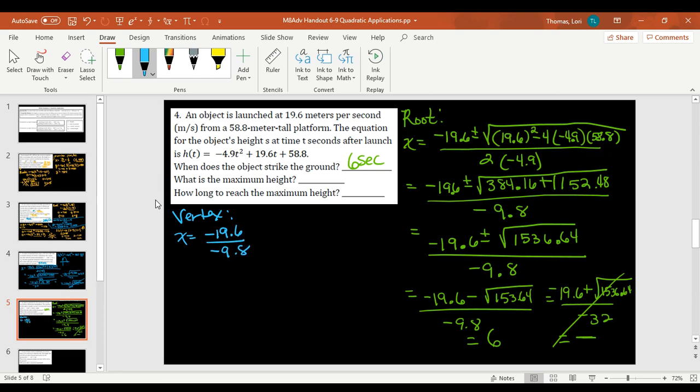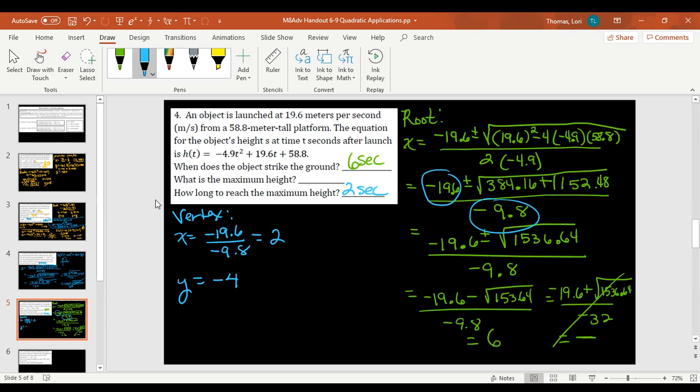Notice that this is always the front part of your quadratic formula. And then when we calculate that, we're going to get a positive 2. Yes. So how long does it take to reach the maximum height? 2 seconds.